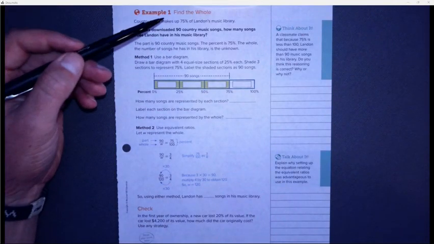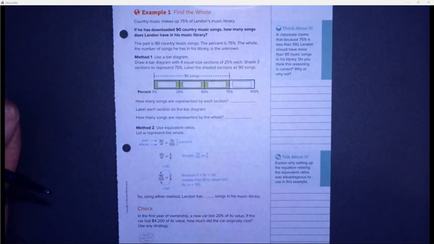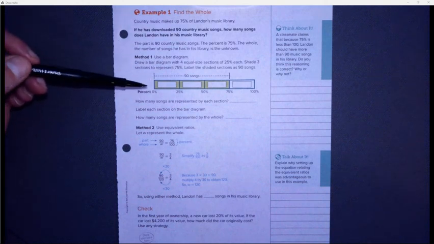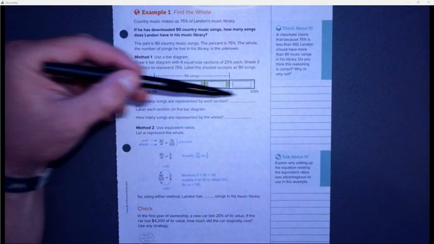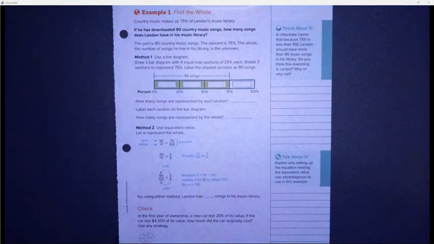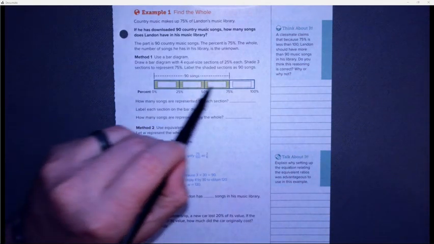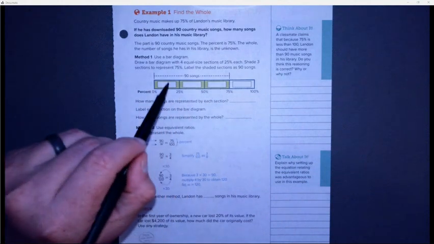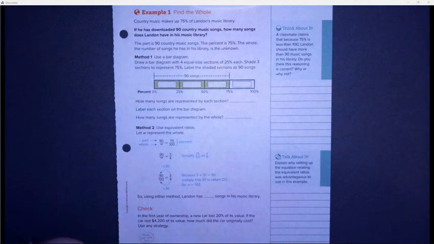So 75% is 90. So when we do the bar diagram, the whole bar is 100%. Since we're looking at 75%, we can cut it into sections of 25%. So 4 sections of 25. We know 75% represents our 90 songs.